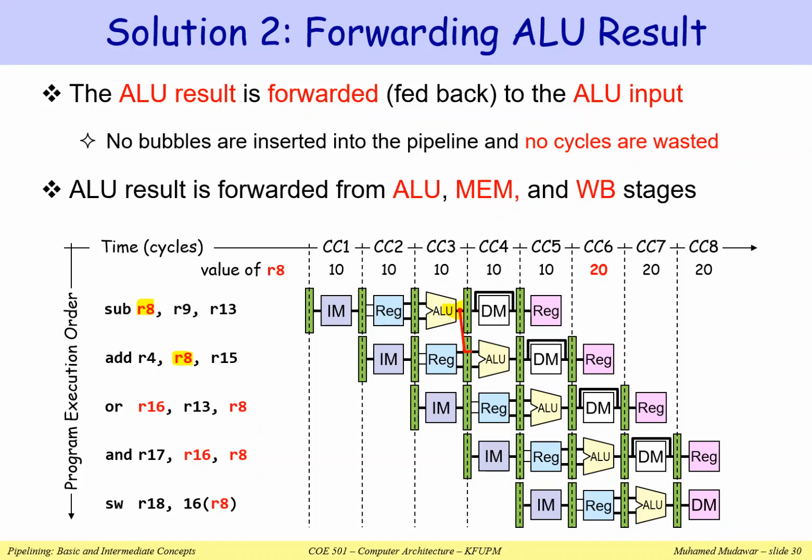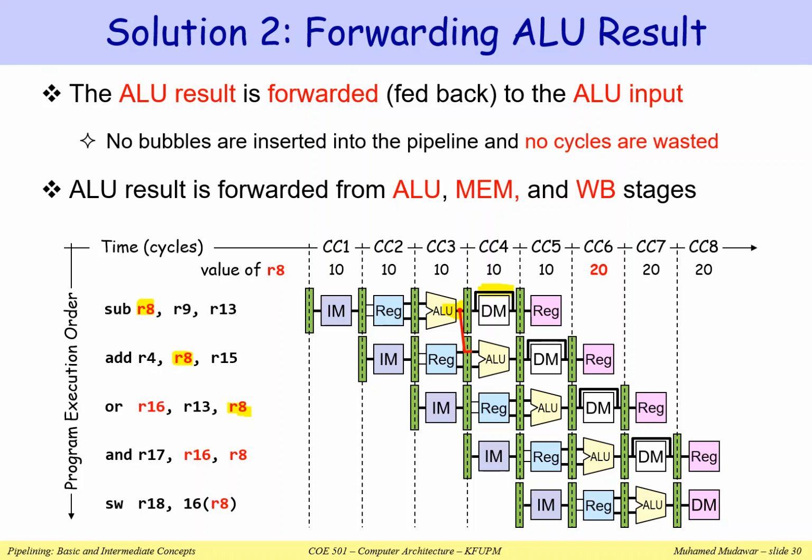Let us take a look at the OR instruction. The OR instruction also depends on the subtract. By the time the OR instruction has reached the second stage of the pipeline, it wants to read R8 from the register file. You can see that the subtract instruction's ALU result is now in the fourth stage of the pipeline.